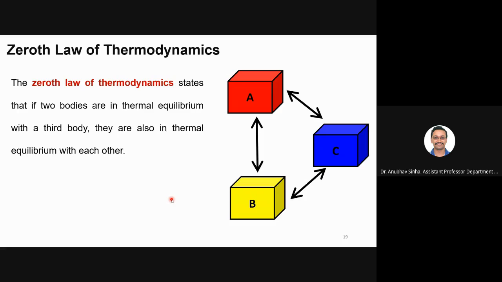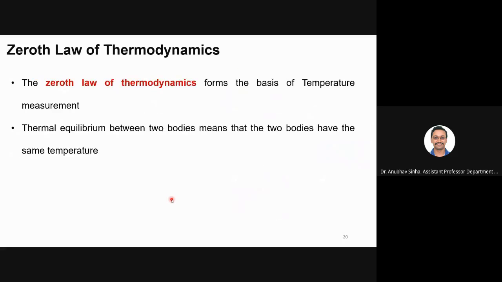Basically, when we say thermal equilibrium, we mean that these two bodies are at the same temperature. This zeroth law is the basis of all temperature measurement we do. For example, I use a thermometer and calibrate it with boiling water.